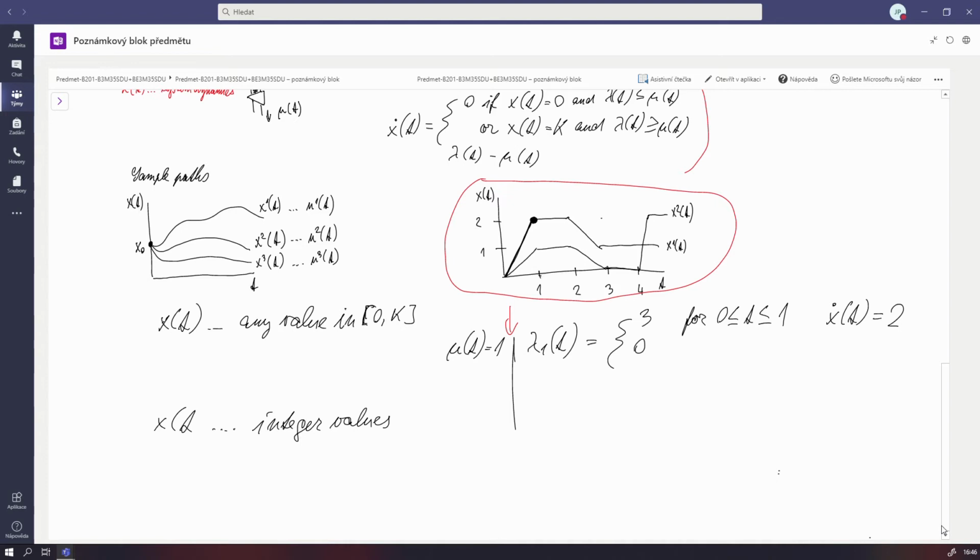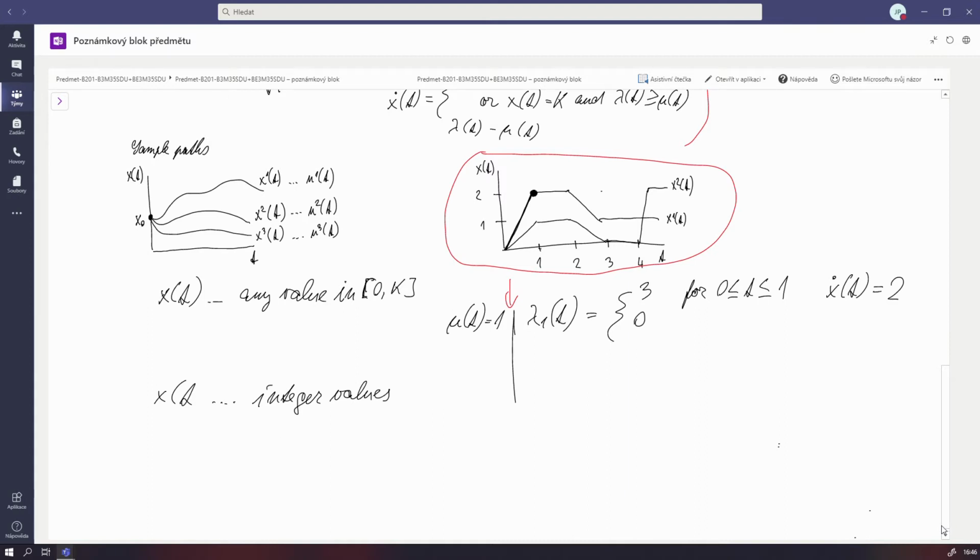Then for time from 1 to 2, the lambda will be 3 as well, but from this part we see that the state variable is not changing anymore, which means that the tank level is constrained by its upper limit.